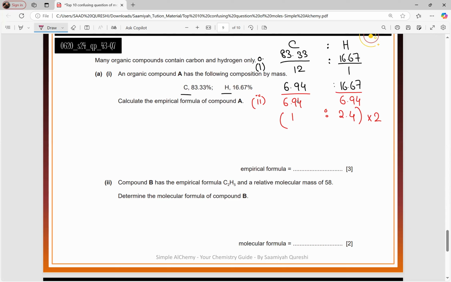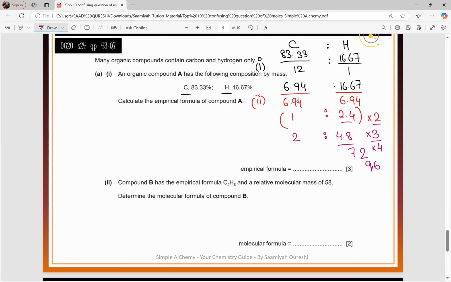When we multiply it with 2, carbon becomes 2, and hydrogen becomes 4.8. So with 2, we are not getting the answer. Let's multiply 2.4 with 3. With 3, we're getting 7.2. So let's check it with 4. If we multiply 2.4 with 4, then we are getting the answer 9.6.